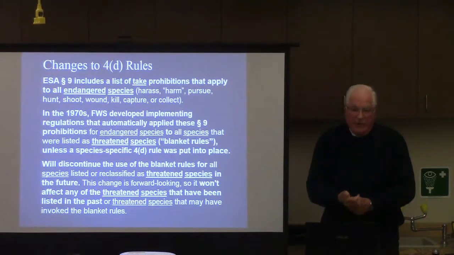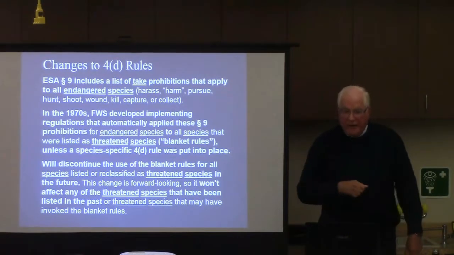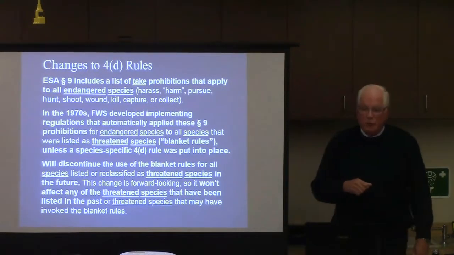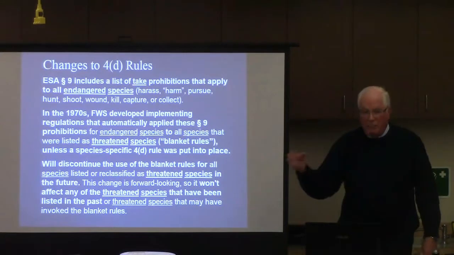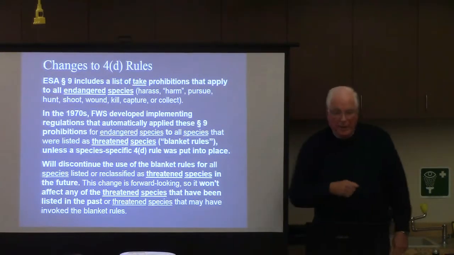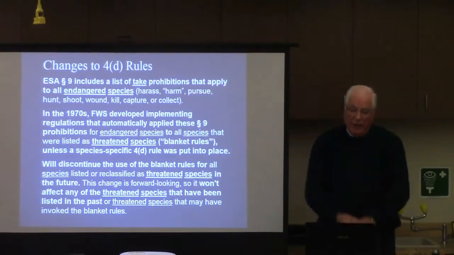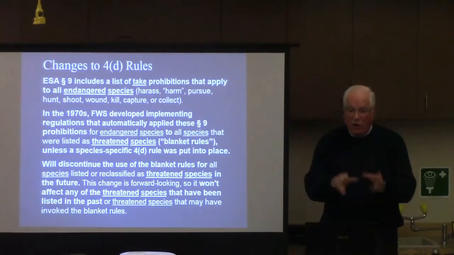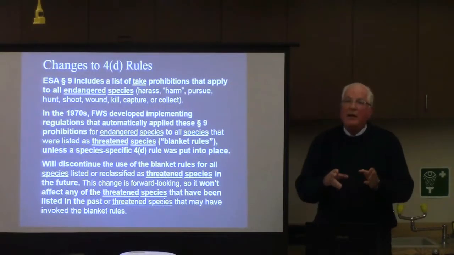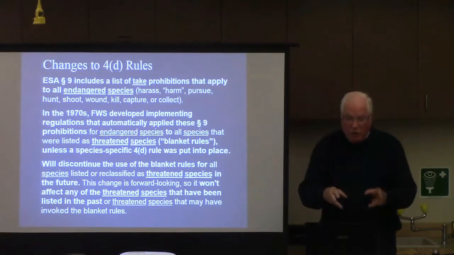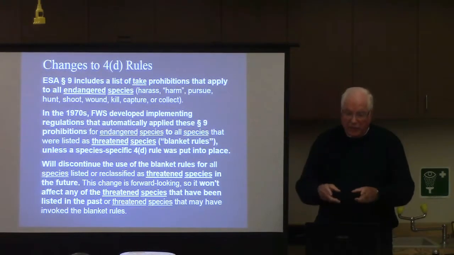Further explanation. ESA Section 9 includes a list of take prohibitions that apply to all endangered species, and I read you that list: harass, harm, pursue, etc. In the 1970s, the FWS developed implementing regulations that automatically applied these Section 9 prohibitions for endangered species to all species that were listed as threatened species.